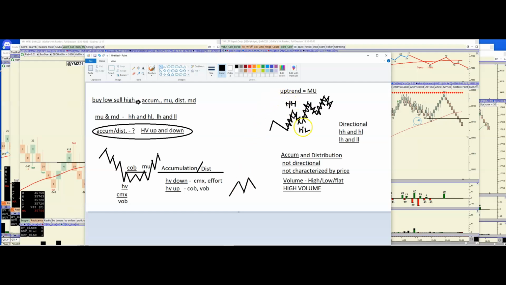What lower high and lower low are to a downtrend is what high volume up and high volume down are to distribution. And both accumulation and distribution, when characterized by the high volume behaviors, will have the following behaviors: climaxes, change of behavior, also known as sign of strength and sign of weakness, volume off the bottom, volume off the top, and effort. That's the claim.